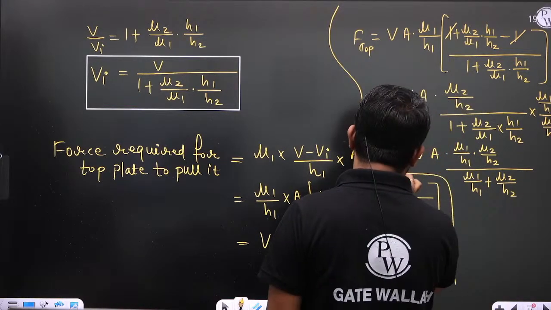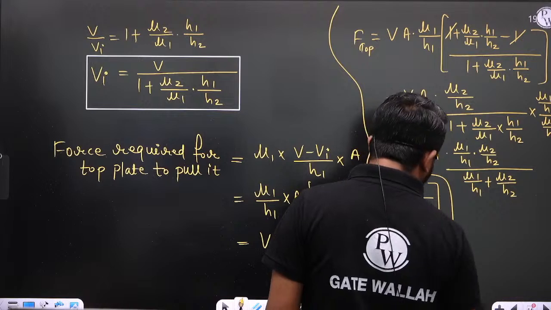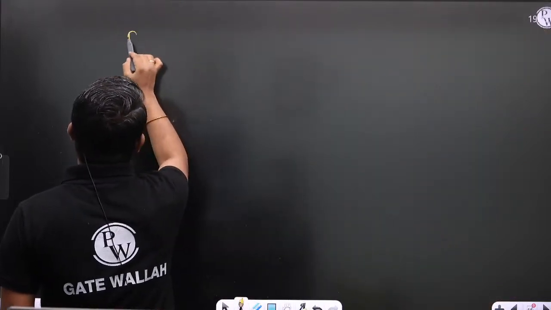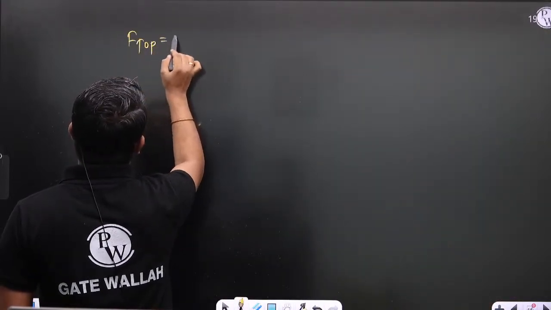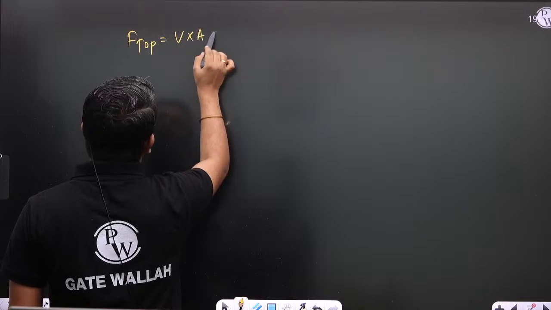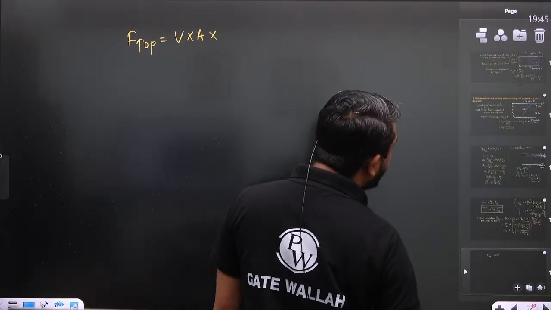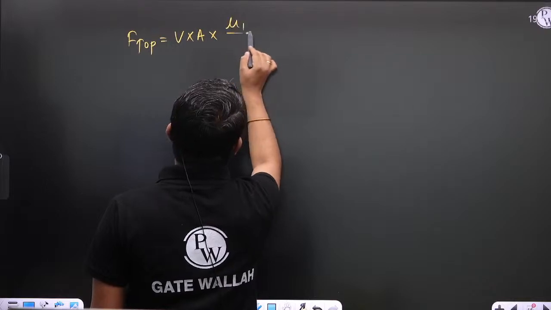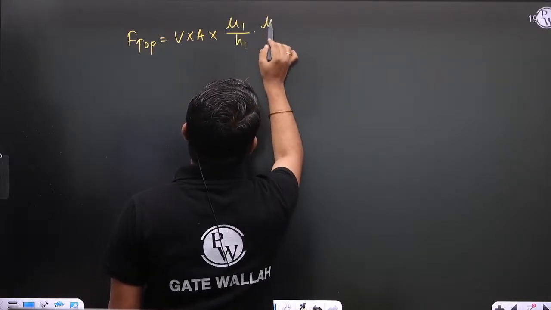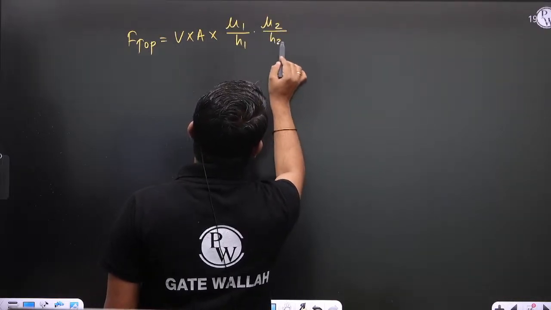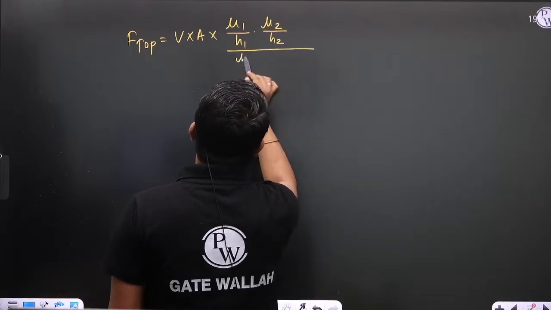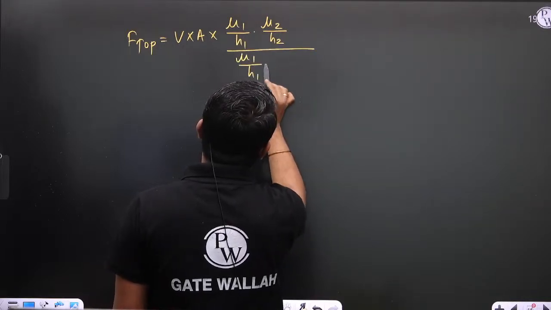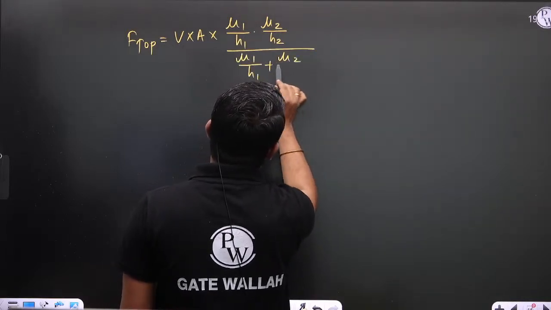F top is equal to V multiplied by A multiplied by mu1 H1 mu2 H2 upon mu1 H1 plus mu2 H2.